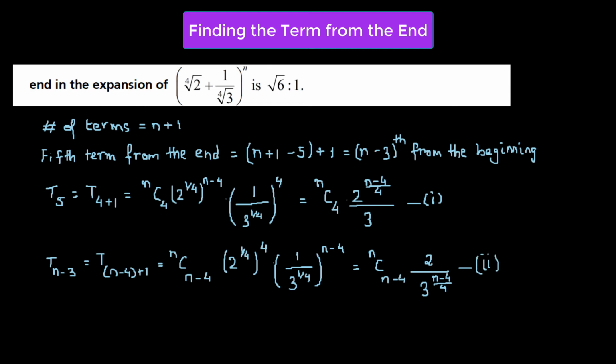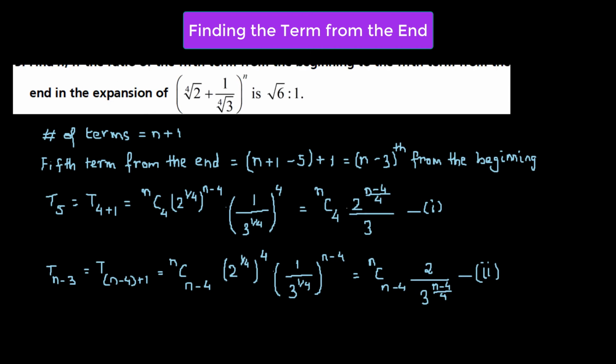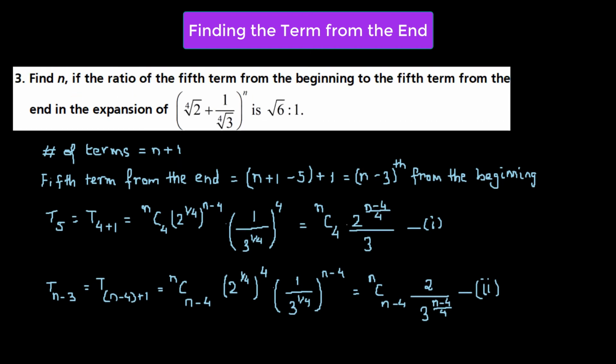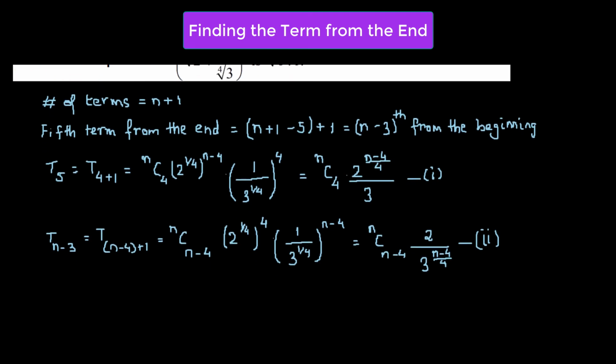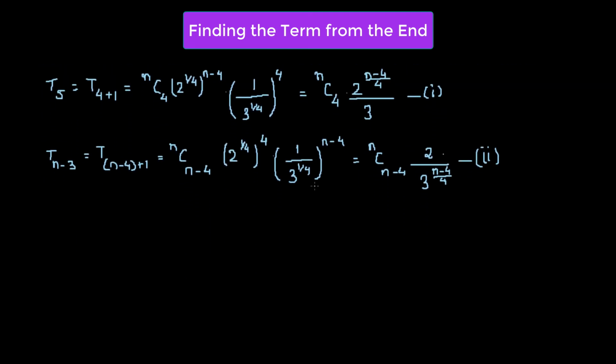So, to find n, we use the condition that the ratio of 1 to 2 is root 6 is to 1. So we divide 1 by 2. And that gives us t5 over t n minus 3, and it's given in the question that this is equal to root 6 over 1.